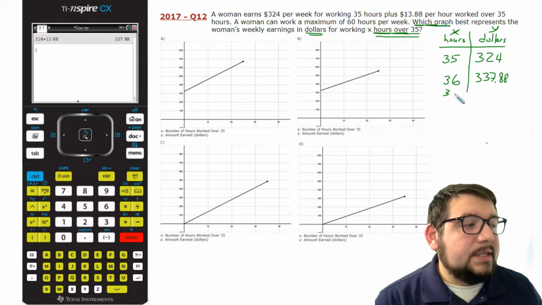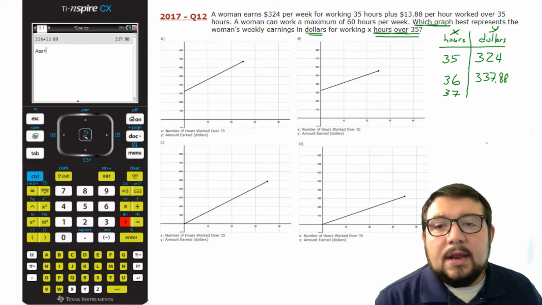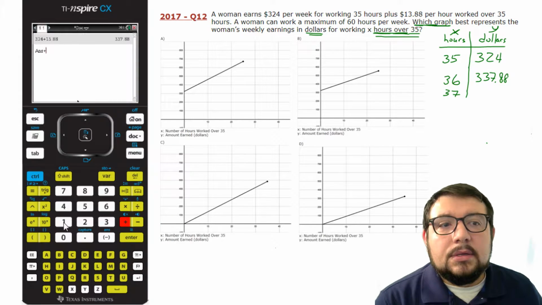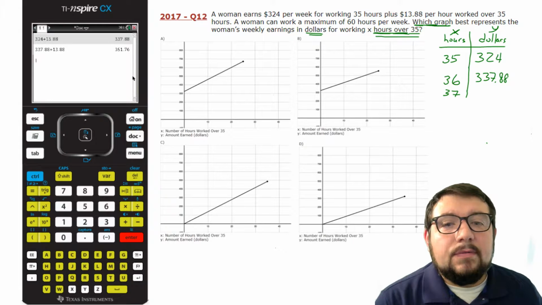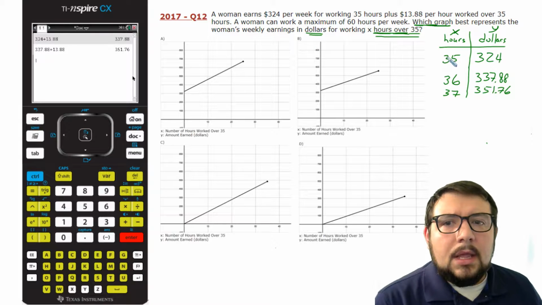And if she works 37 hours, she's going to get that amount, the 337.88, plus $13.88, which is 351.76. So in this problem, what I can see is that each time she works an extra hour, her earnings go up.